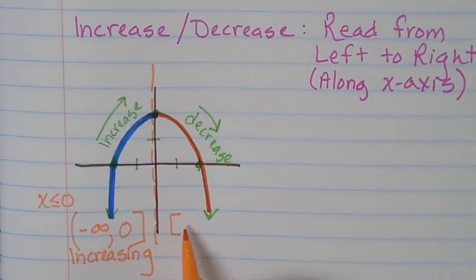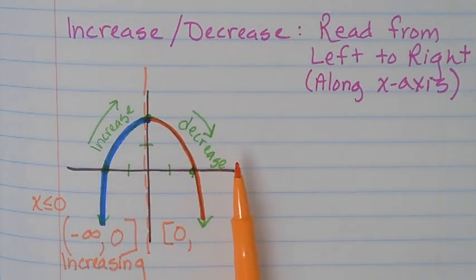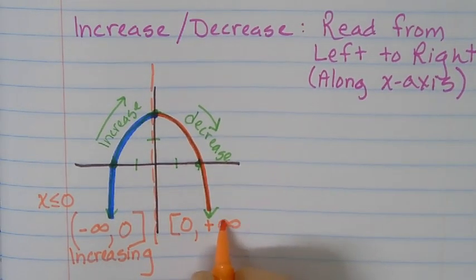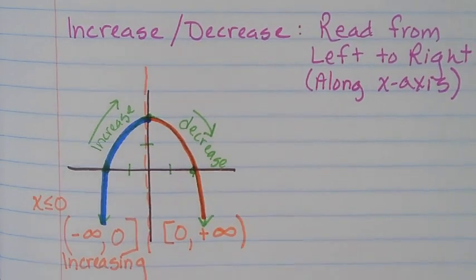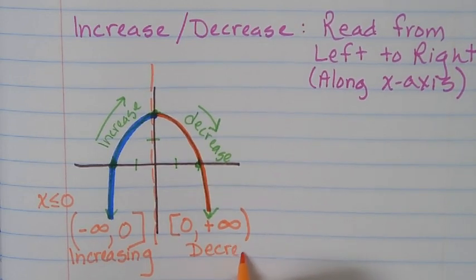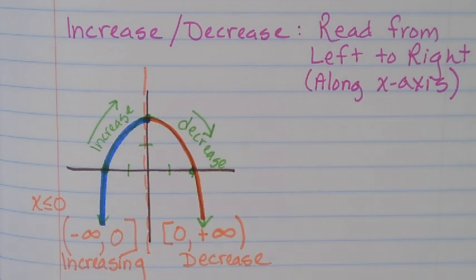It starts at 0, and it's going to continue decreasing forever, until positive infinity. So this graph has a section that's increasing, and then it's going to start decreasing. Okay, any questions there? And we're going to do some more examples.